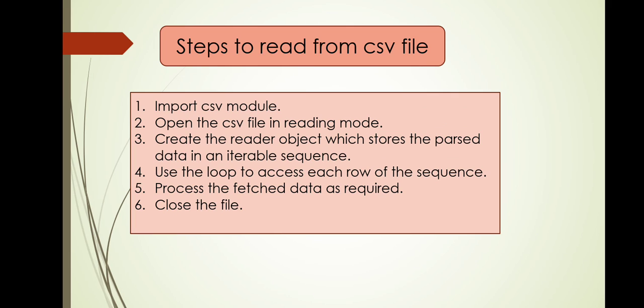So it will take the data from the file and store it in the iterable sequence like your list or tuple. Then we can use the loop to fetch each row of the sequence. Process the data as read from the sequence and then close the file.